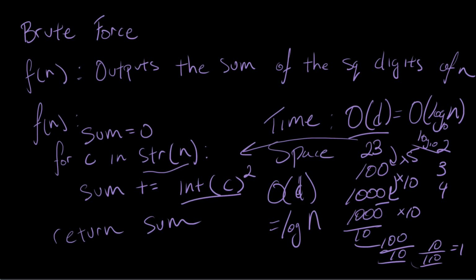And we can't get any better in the space complexity because the output, the sum, also grows with the amount of digits. And so the asymptotic runtime won't be any better, but it might be a little cleaner and it also might be good to learn.